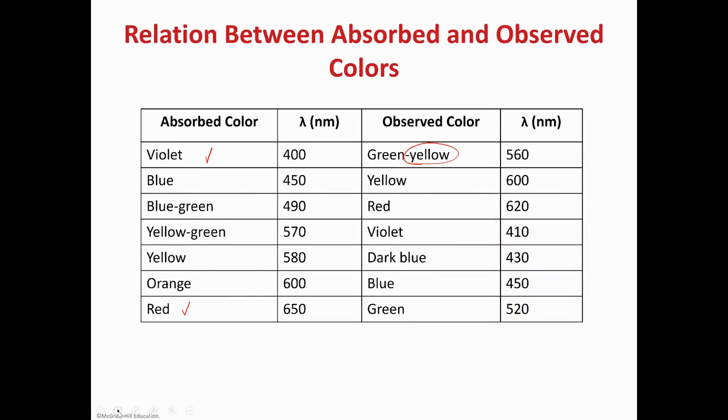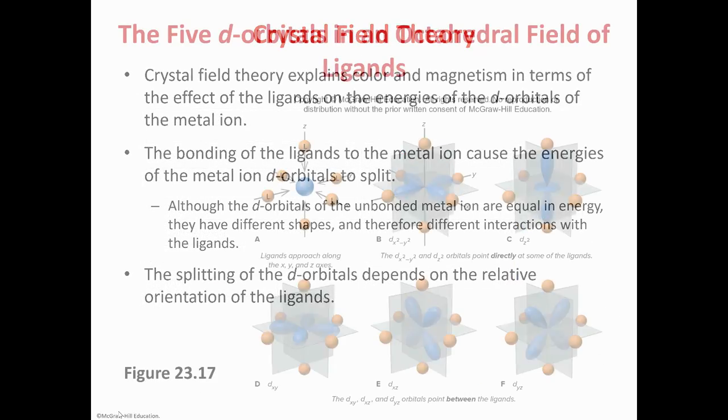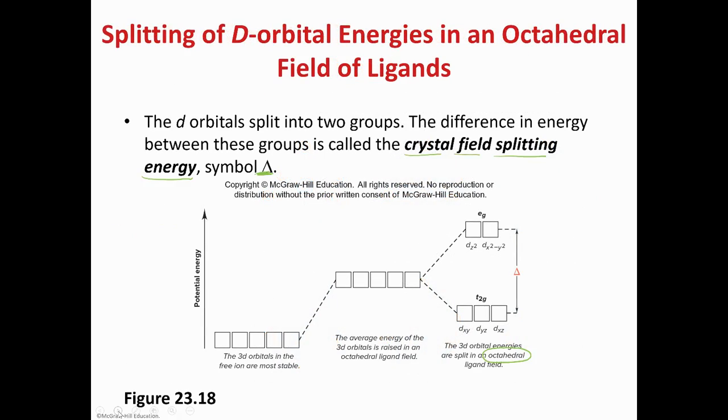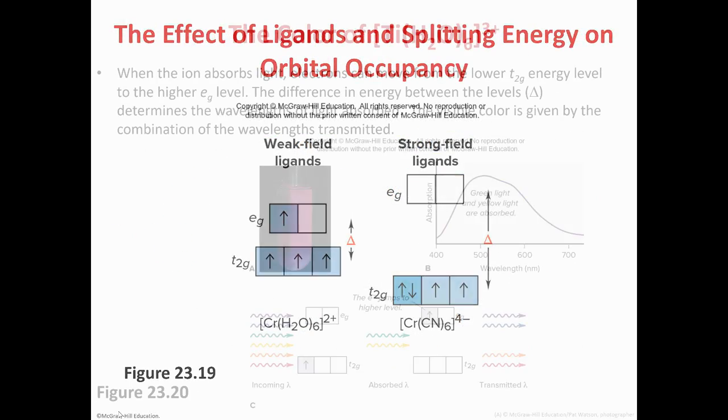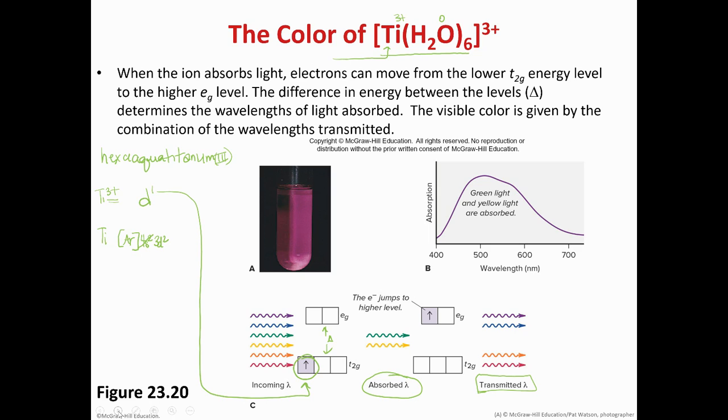So let's go see if that's true. Yeah, so you see how it's a reddish violet color, okay? And all these wavelengths combined give us the appearance of the complementary color that we see.